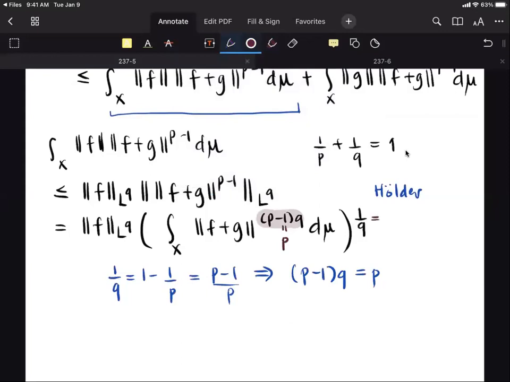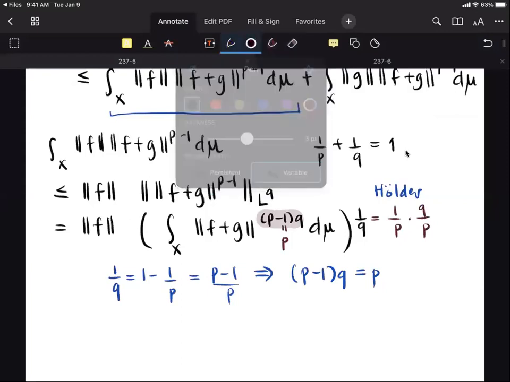And we can write this as 1 over p times q over p, so that here we will get the LP norm. Correction, of course, this should be LP.